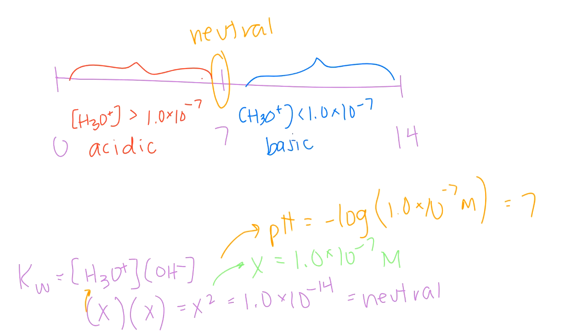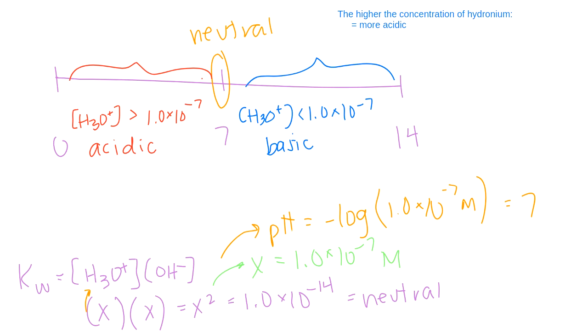So let's clarify a few things. The higher the concentration of hydronium, the more acidic the solution. And the higher the concentration you have of hydronium, the lower the pH is.